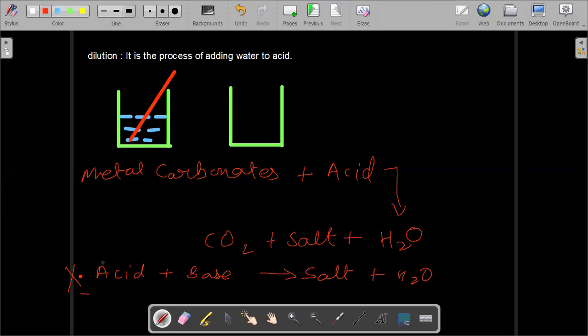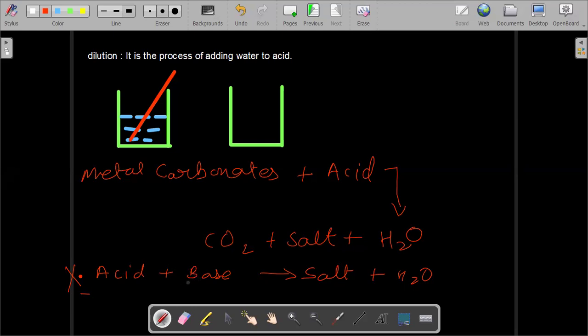It's exothermic. See, if you have an acid burn and you add a base, bases are also corrosive in nature. It's not that bases are not corrosive. If you have a base falling on it again, you will still have corrosive action occurring.